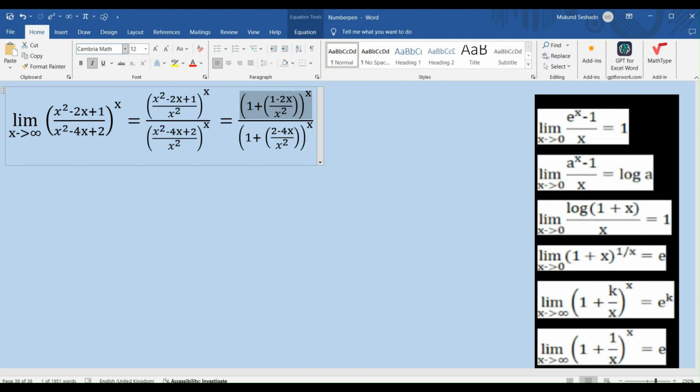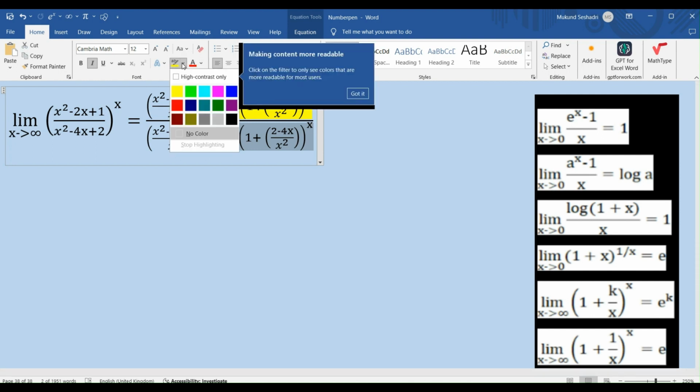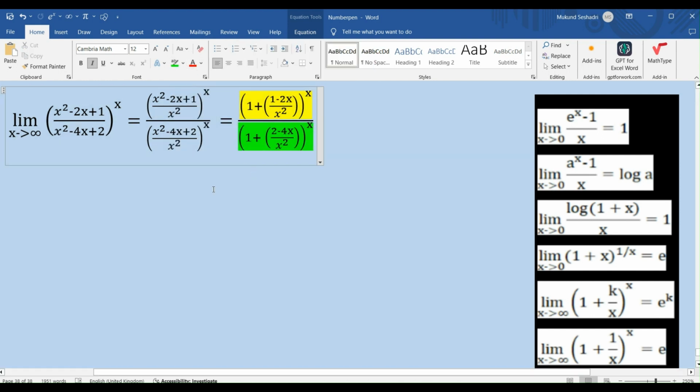Let me adopt an LO for the first part of the expression, and let me adopt a green for the second part of the expression, right? And we're going to start off with the LO part.